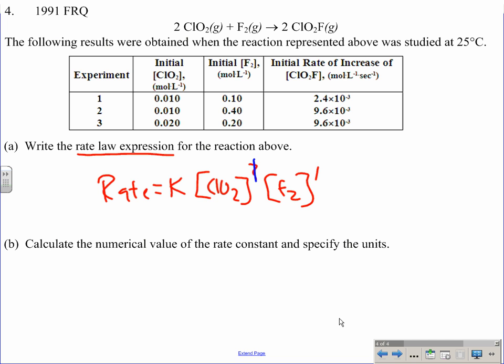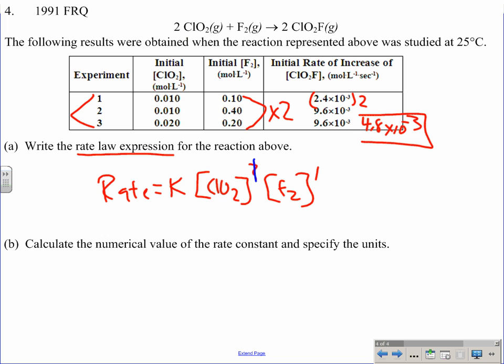Now, if you're having trouble seeing that, you can always change tacks here and look in a slightly different situation. Now, I just looked at what was happening with experiment 2 and 3. Let's look at what's happening with 1 and 3, and maybe it'll be a little bit easier for you to follow the relationship. So in 1 and 3, what does F2 do? Well, it doubles. So that means I should double the rate because it's first order with respect to that. Well, that would give me 4.8 times 10 to the negative third.